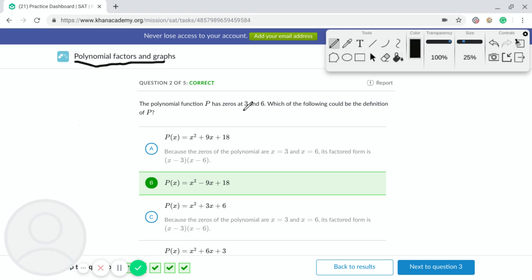Let's try this again. The zeros are at 3 and 6, like I mentioned before. So, judging by needing to get 0, you're going to need some subtraction or some division going on, because there are no negative numbers. Oh, but what's this? This is the only problem with a minus in it.